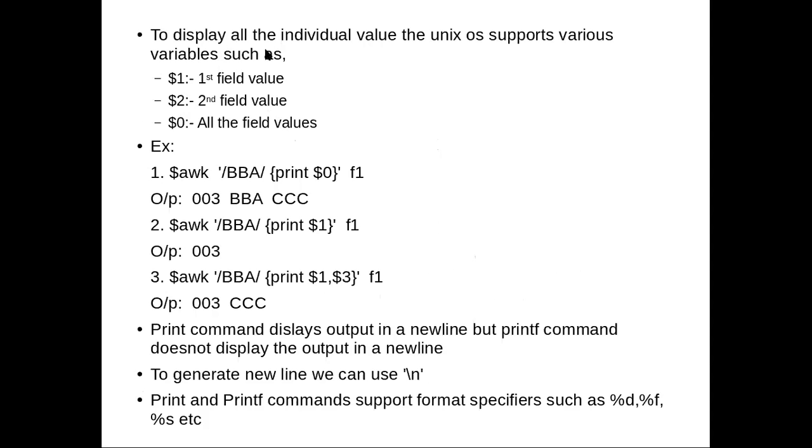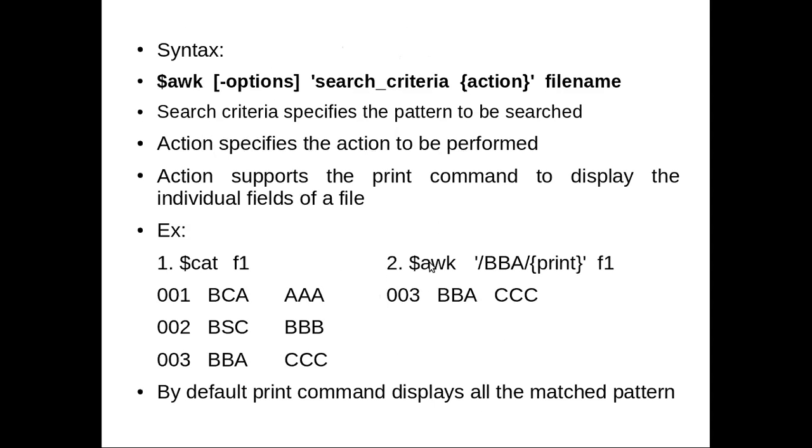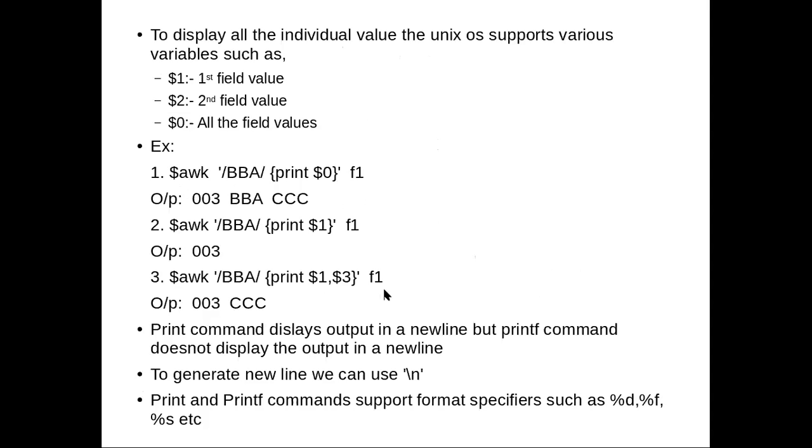To display the individual values, the Unix operating system supports various variables such as $1. If I want to get only the first field value, I can use the variable $1. If I want to get only the second field, I can use $2. If I want to get all the fields in a particular record or line, I can use $0.